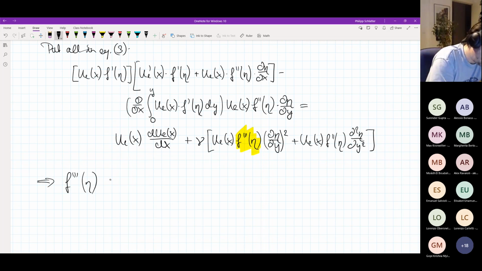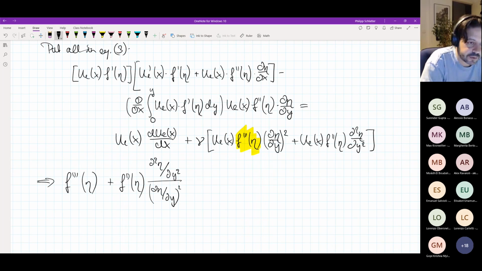So what I get then is f triple prime plus f double prime of eta times d squared eta dy squared, dividing by this d eta dy squared term. So that was essentially the f double prime term that I have.